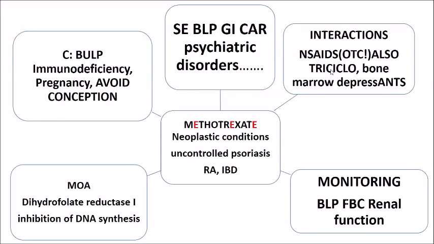And cyclosporin and clozapine and all medicines which depress the bone marrow. So remember, for methotrexate, medicines which decrease the excretion of methotrexate, like NSAIDs, trimethoprim, cyclosporin, clozapine, or bone marrow depressants should be avoided.